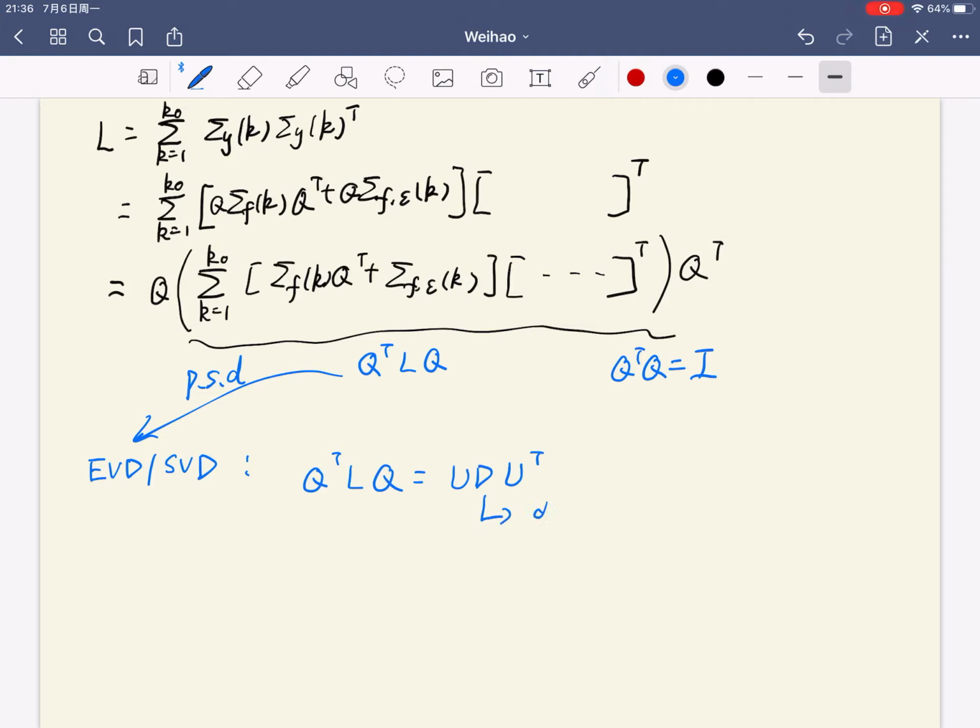This D is a diagonal matrix, and U is an orthogonal matrix or unitary matrix. So we can have L equal to this.